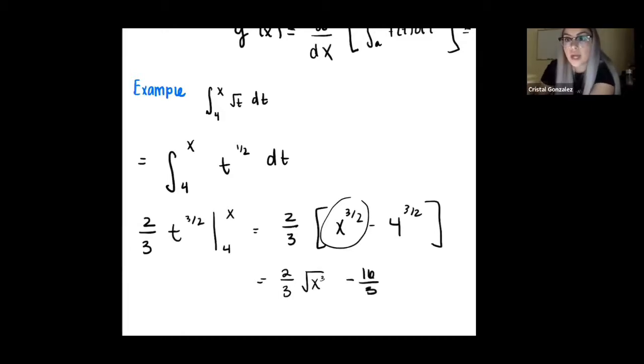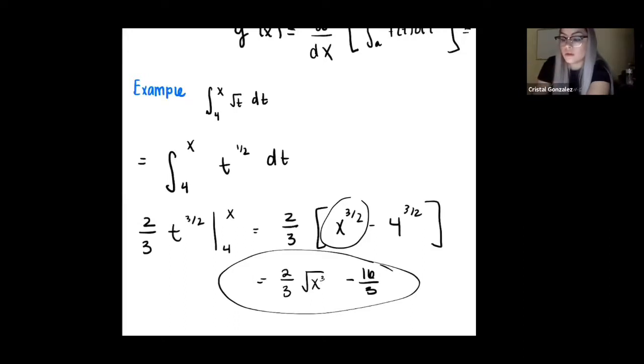So I went ahead and evaluated, and then I distributed that 2 over 3 in. Okay, so this is what we get when we evaluate the integral from 4 to x of root t dt.